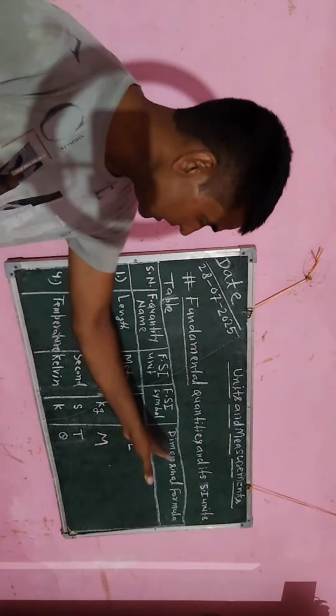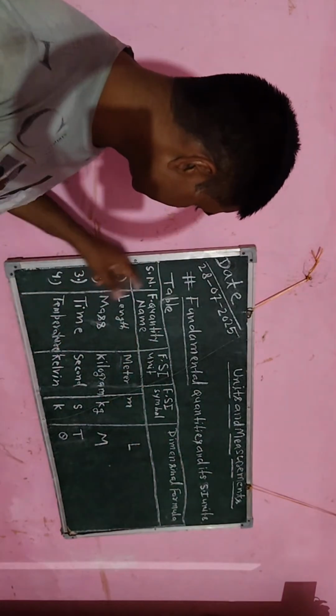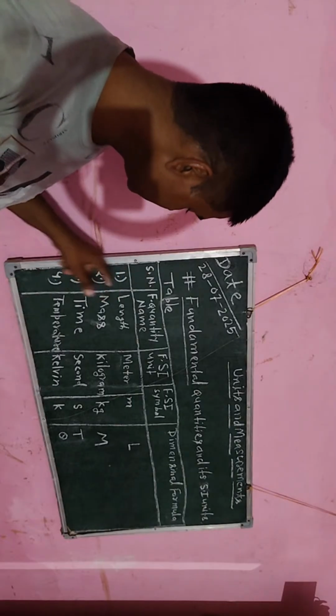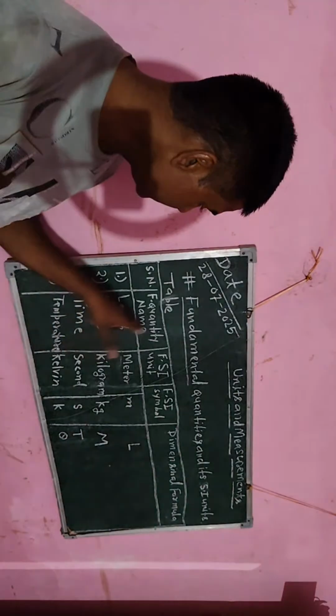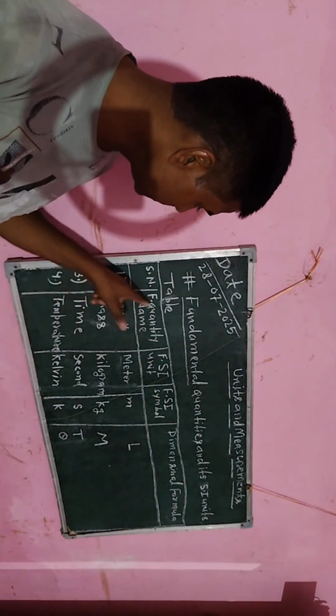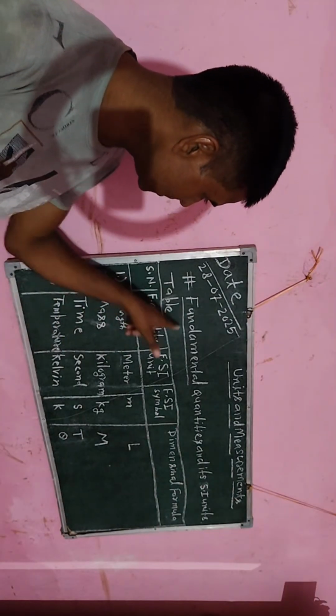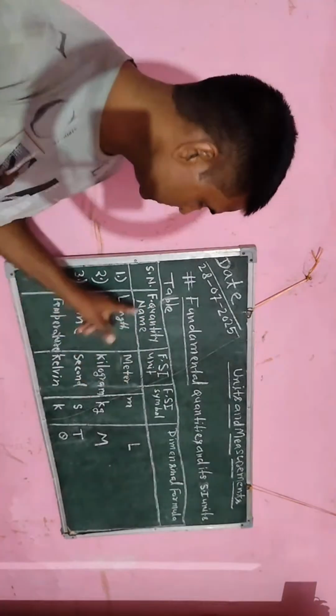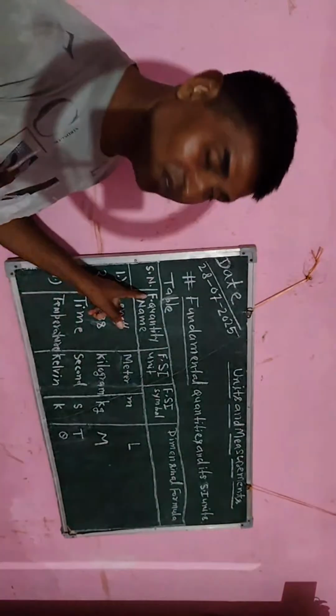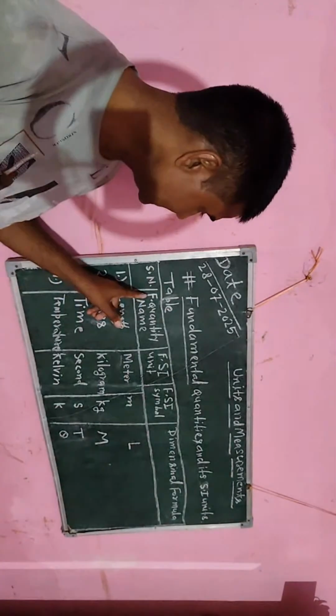This is the heading, and this is the symbol. This is the serial number, which starts from 1, 2, 3, 4, 5, 6, 7, and corresponding to each serial number we write the fundamental quantity name. Because there is no space, I have written fundamental as capital F in short form.